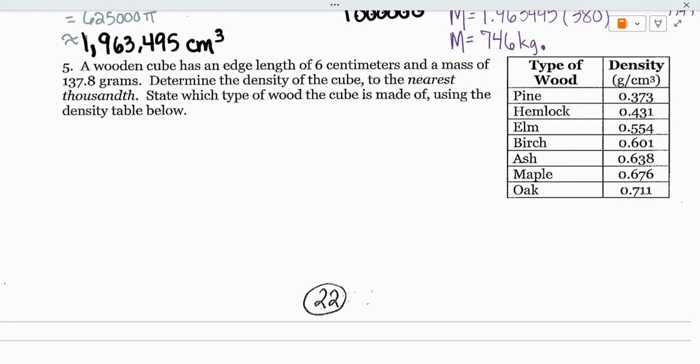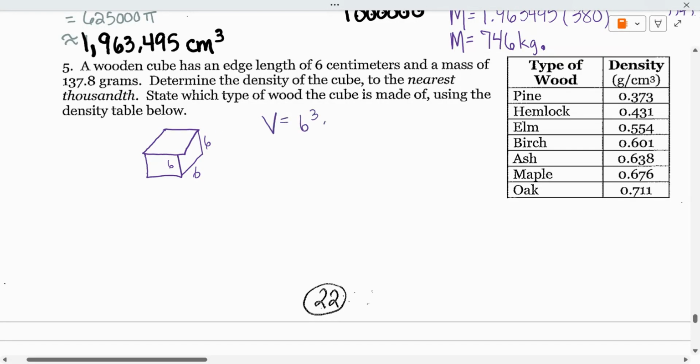So a wooden cube has an edge length of 6 centimeters. So this is a cube. Has an edge length of 6 centimeters. That's a horrible looking cube. Sorry, you guys. I'm just not really feeling it today. But you get it. So the volume is 6 cubed, which is 216 centimeters cubed. That's my volume.